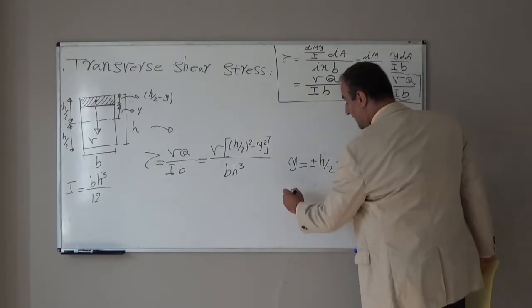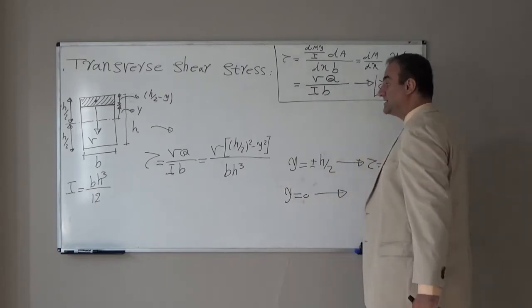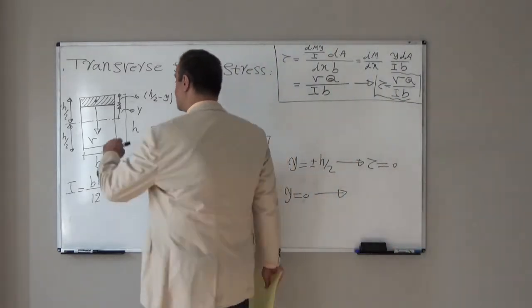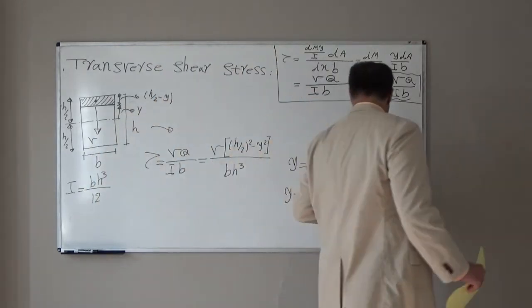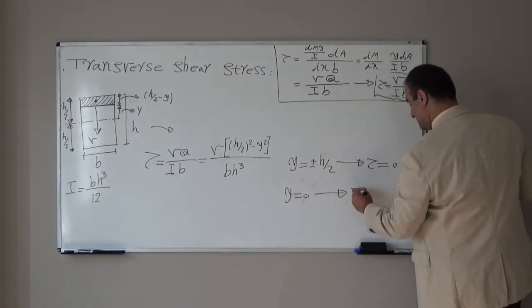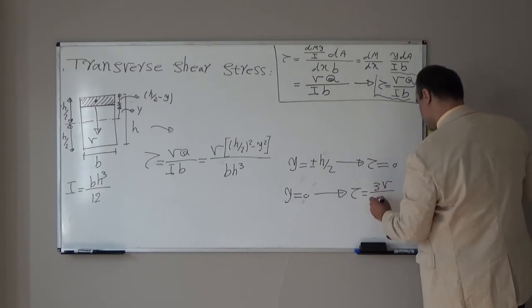If I put y equal to 0, which means the location of the neutral axis here, the shear stress will be 3V over 2BH.